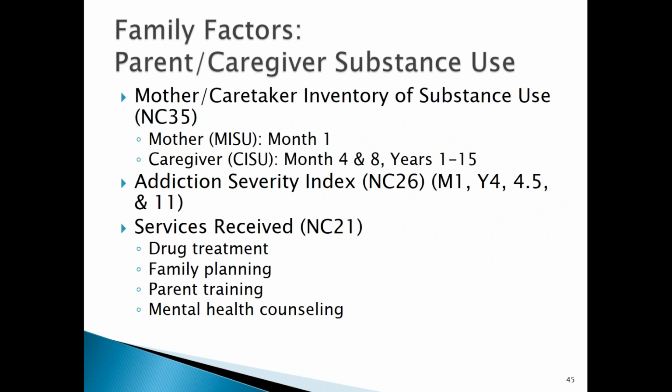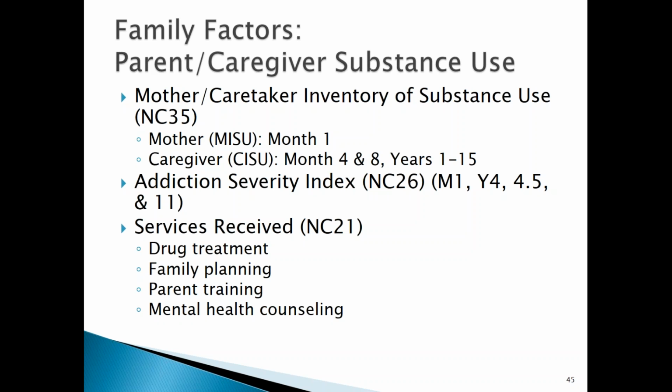There are also some measures on parent or caregiver substance use. The primary one there is called the Mother or Caretaker Inventory of Substance Use, and this is one where you need to make sure who is completing the form. So at 1 month, it is the mother who's completing it, and then at later time points, the caregiver, which may or may not be the mother.